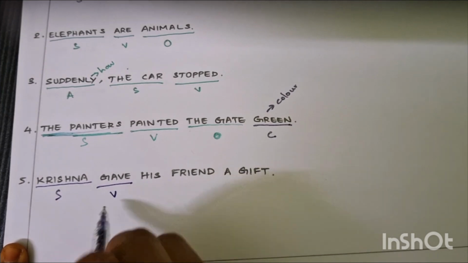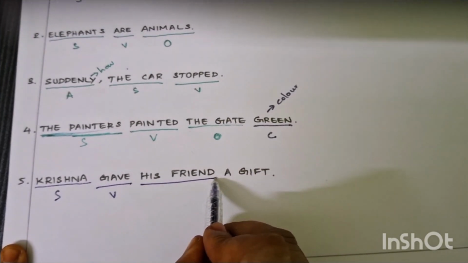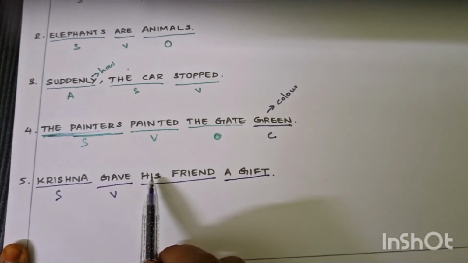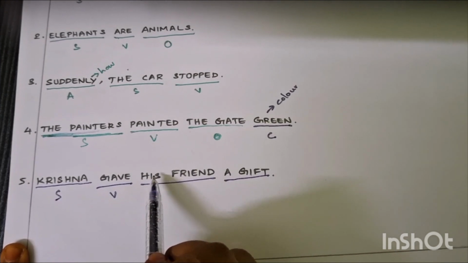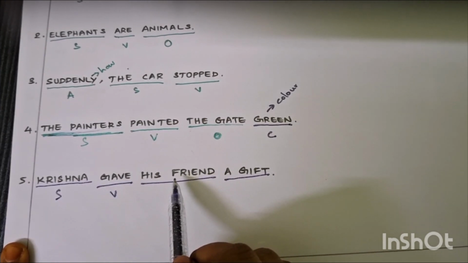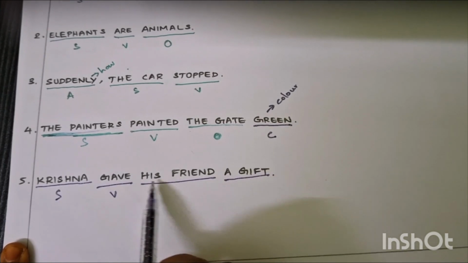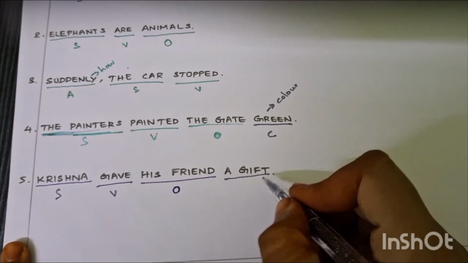It falls under verb. And now see, his friend and a gift. This is possession, his friend, so we couldn't separate his and friend, and this also has an article, a gift. So his friend, a gift, both come under object.